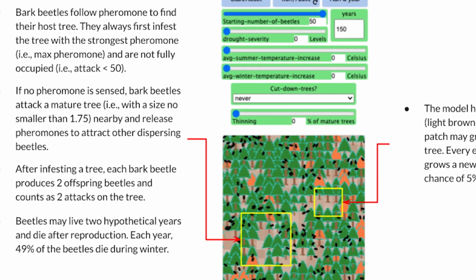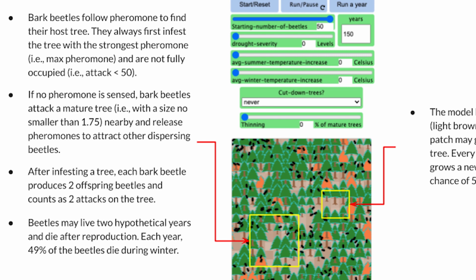In reality, bark beetles release pheromone to gather other bark beetles to attack a host tree together. This is reflected in the model by beetles always attacking the nearby mature host tree with the strongest pheromone, but not yet fully occupied. If no pheromone is sensed, bark beetles attack a mature host tree nearby.